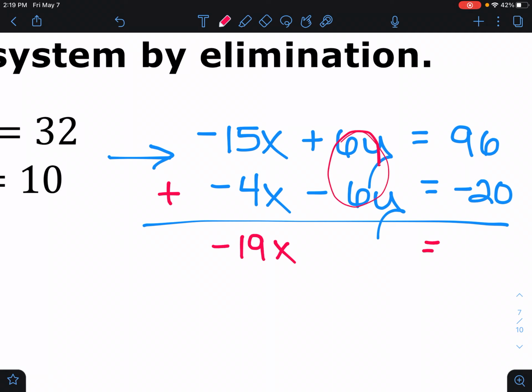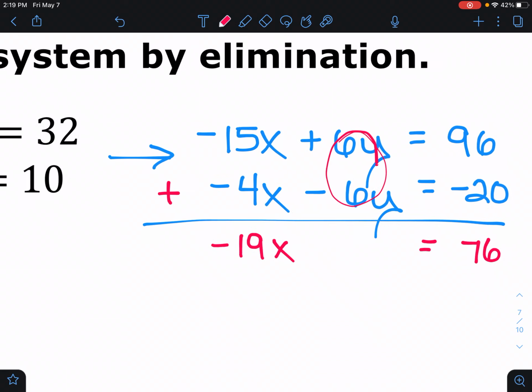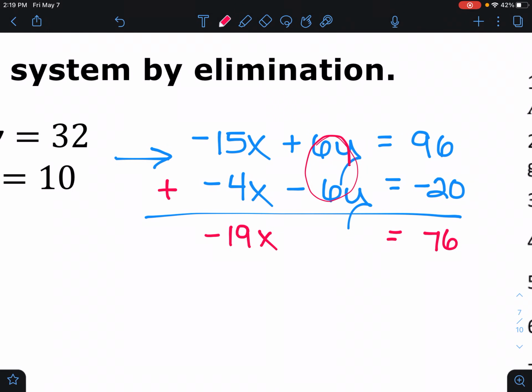That eliminates y. And then 96 plus negative 20 is 76. All right. Now I need to solve for x. So this is multiplication here, so I'm going to divide by negative 19, do that on both sides. This gives me x equals, and this would be negative 4 if you type that into your calculator.